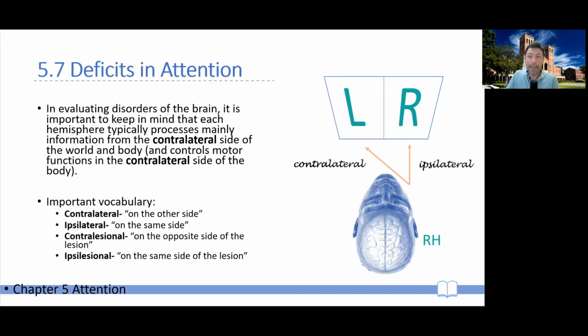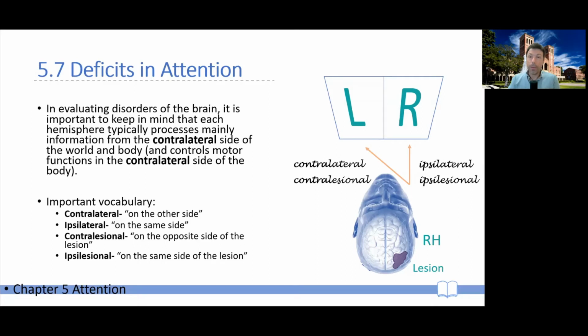Now, if you add a lesion, say that this person had a lesion, then in these cases, we would refer to the right side as the ipsilesional side, the same side as the lesion. And the left visual field would be referred to as the contralesional side.